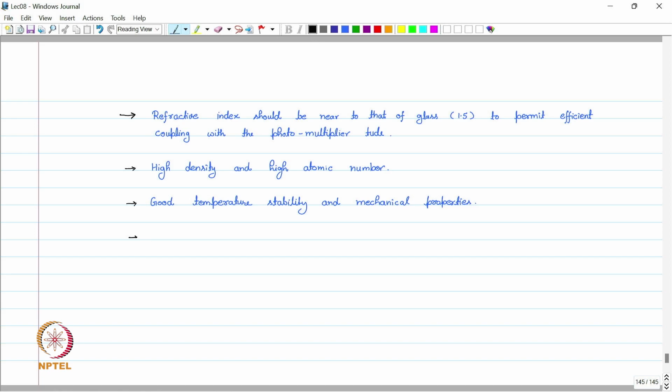It should have good resolution and ease of operation.